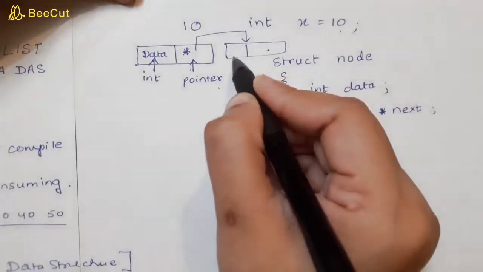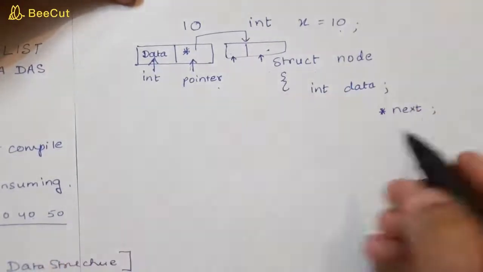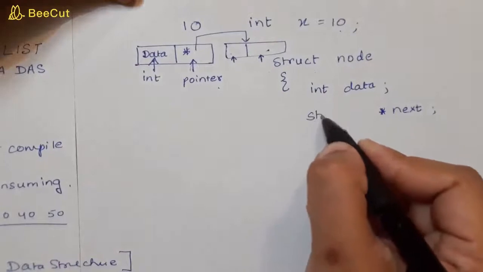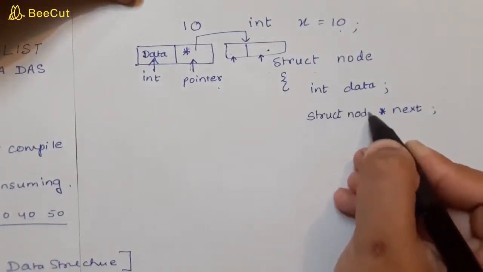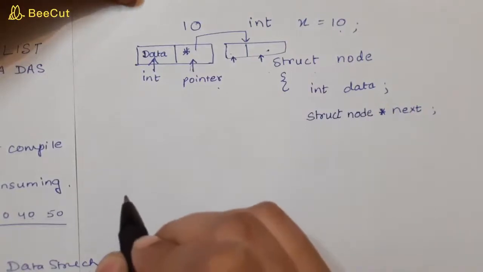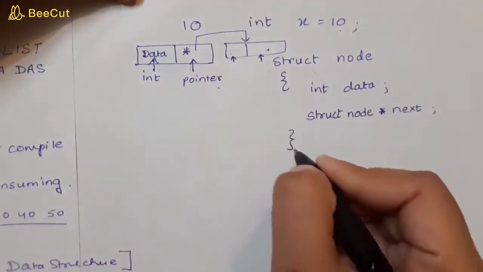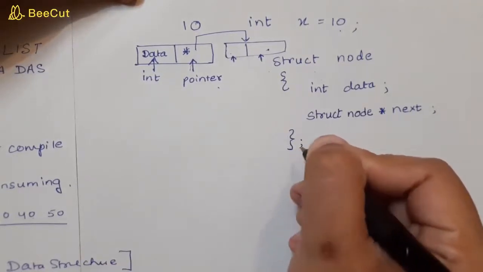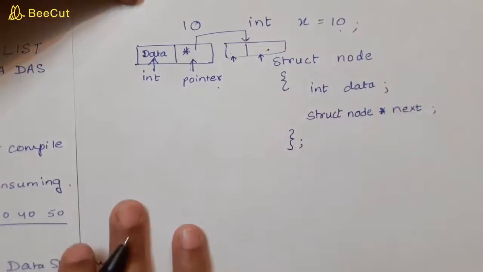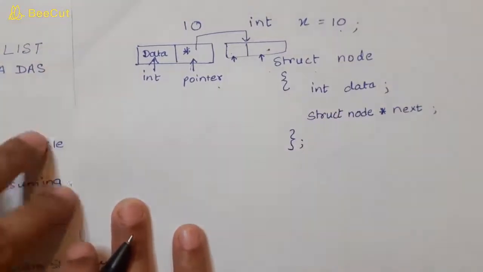Same type means it must contain a first integer value and a second next value. So here the data type which we are going to use will be struct node. So this will be the structure for our node.